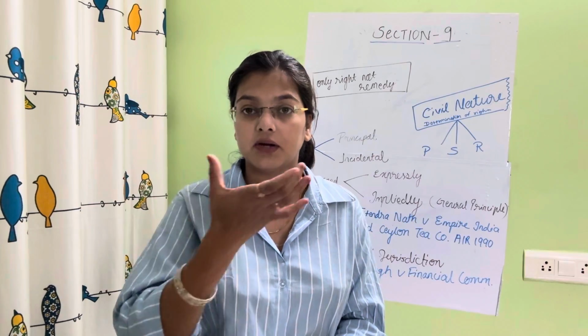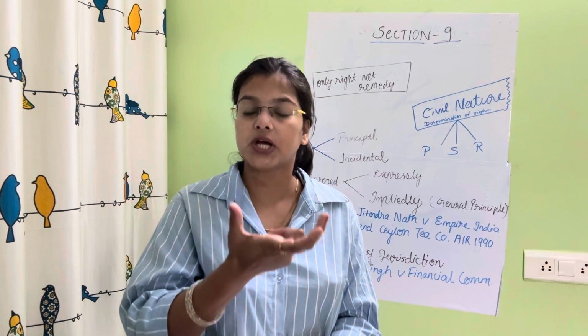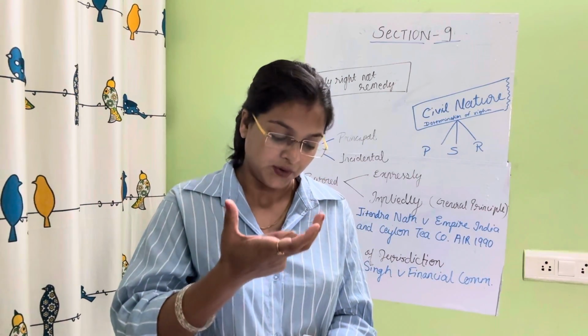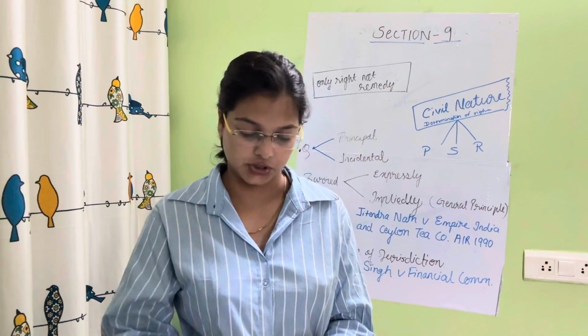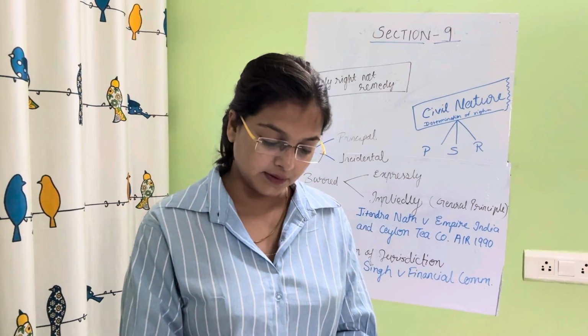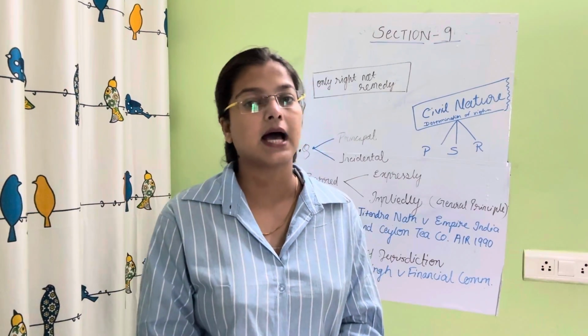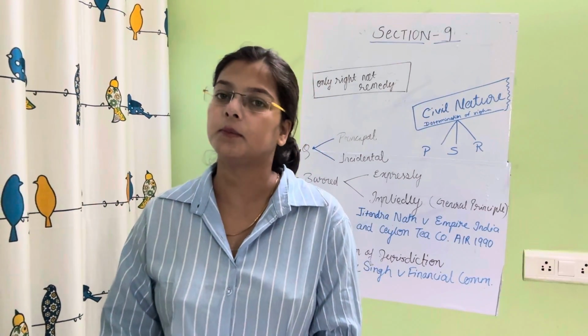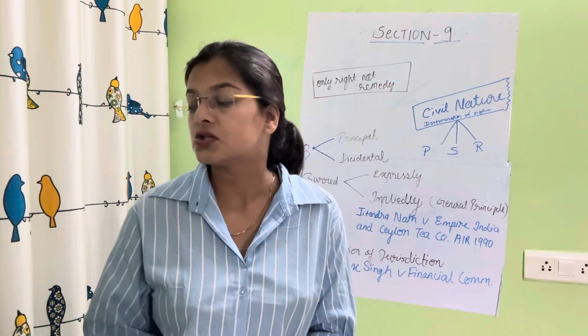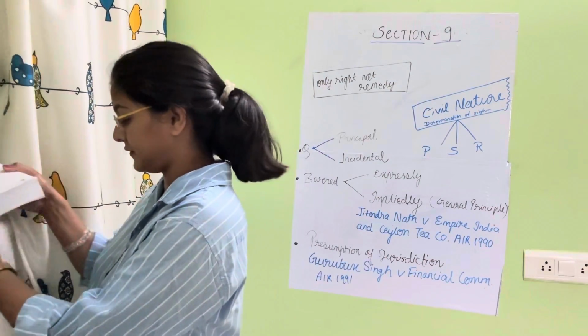So the general rule is the court shall try all suits of civil nature, except suits of which their cognizance is either expressly or impliedly barred. So this is section 9 of CPC.